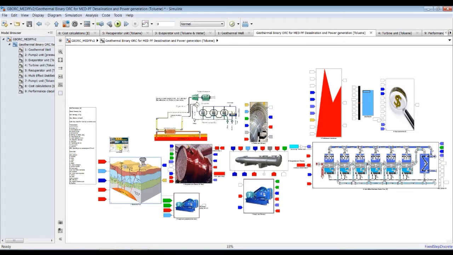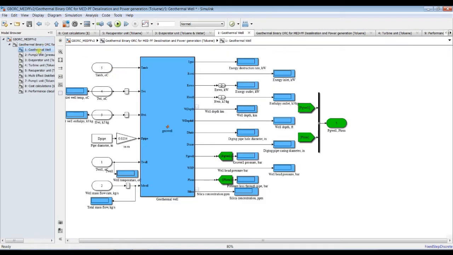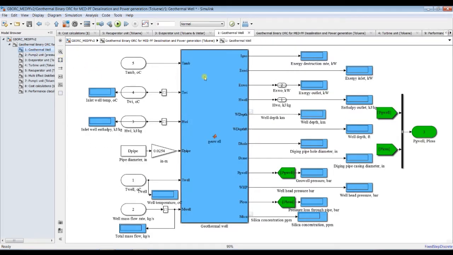Okay, what are we going to discover? We're going to discover the following. This is the geothermal well, as you can see here. Just click on geothermal well. This is a block diagram of the geothermal well, with inputs and outputs. If you have any intention to reform something, or to add or remove, you have to double click on this block.